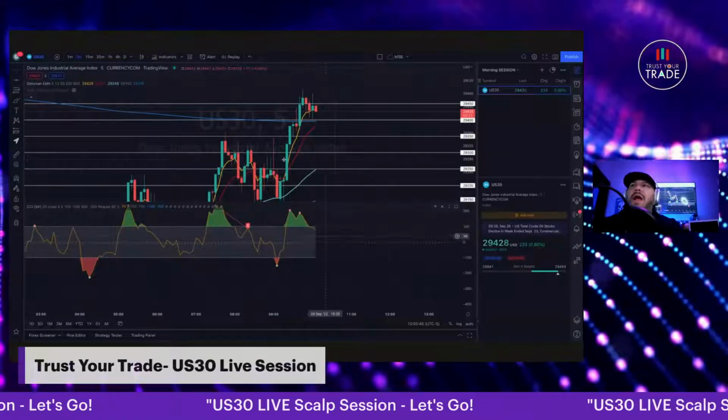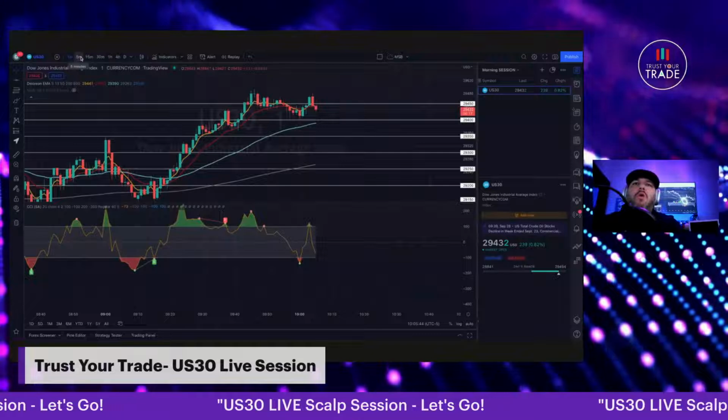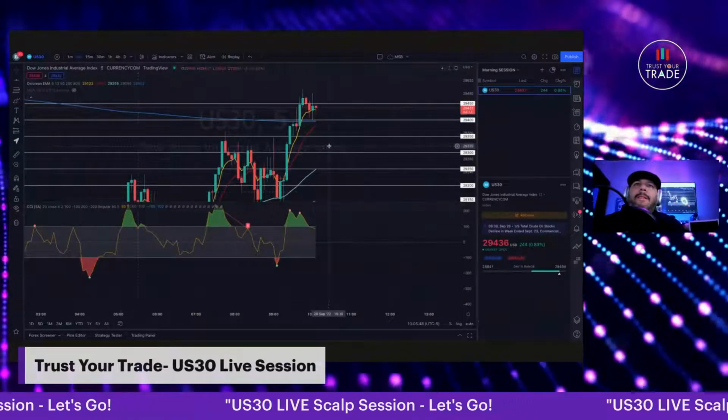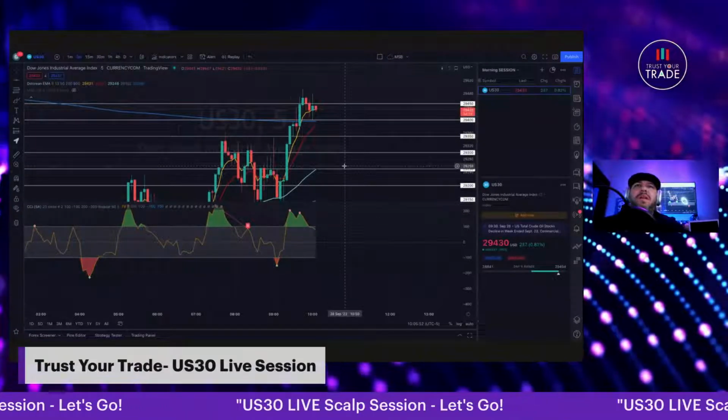This is what we've been tracking. We can see on the 1 minute, look at that, she's about to go oversold again. I'm not sure, so we just need to be patient.